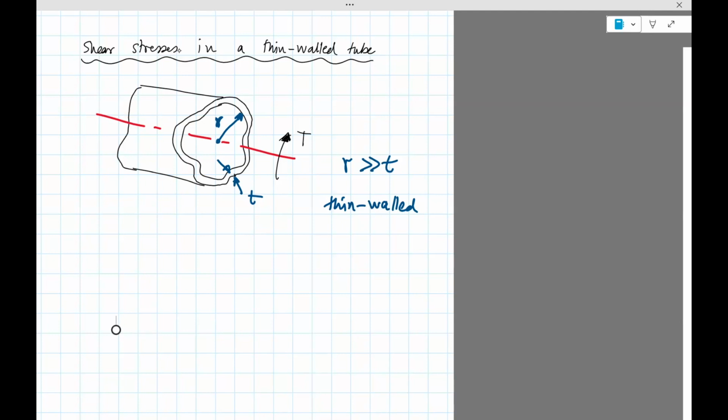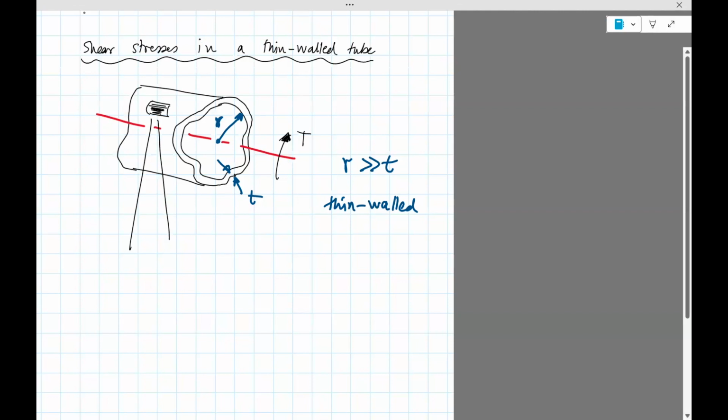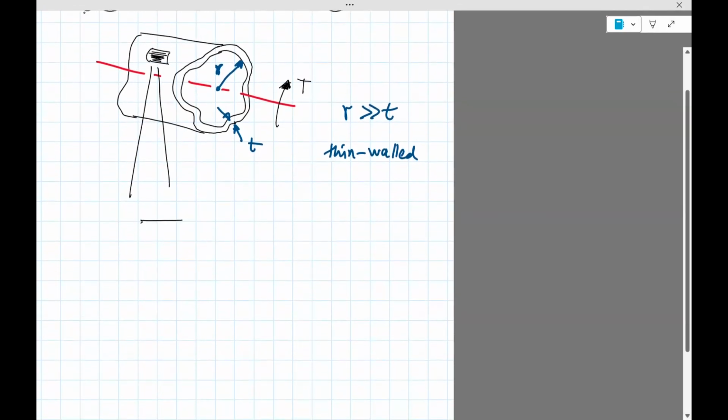Now we're trying to derive a formula for the torque and the shear stress due to this torque T. So we identify some element here. Let's say that this is some element. We take it out. This looks something like this. Let's say that this part is B, this part is A. Since there's a torque, there's going to be a shear stress.